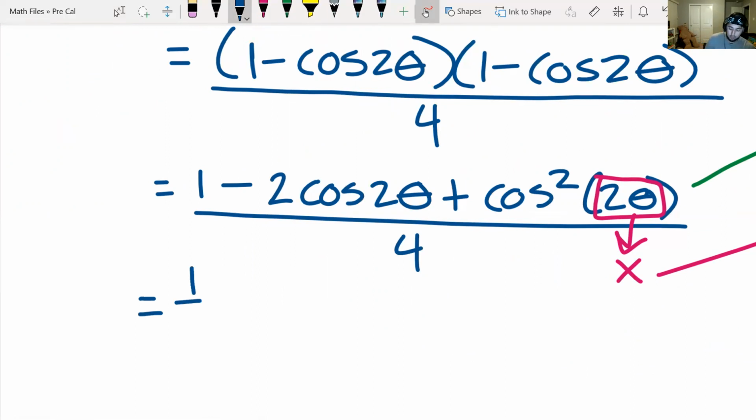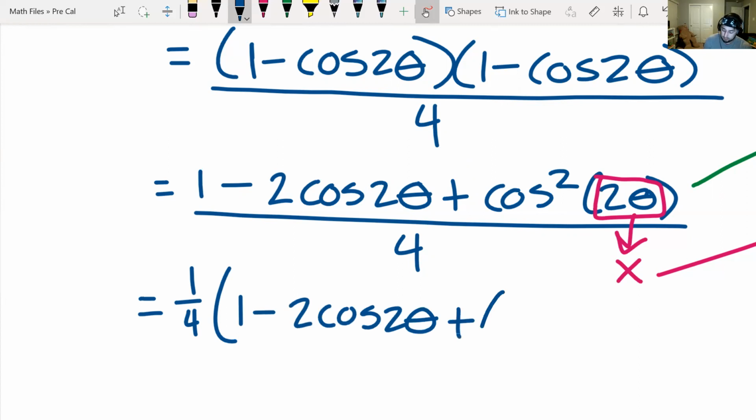So I get 1/4 times 1 minus 2 cosine 2 theta plus what this becomes, which is 1 plus cosine 4 theta over 2.